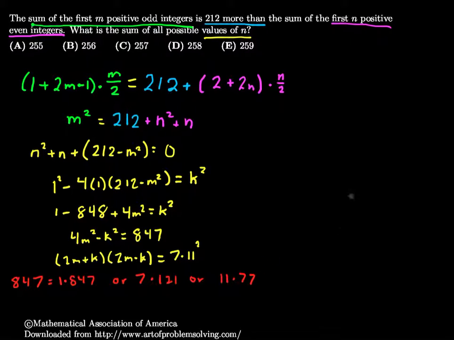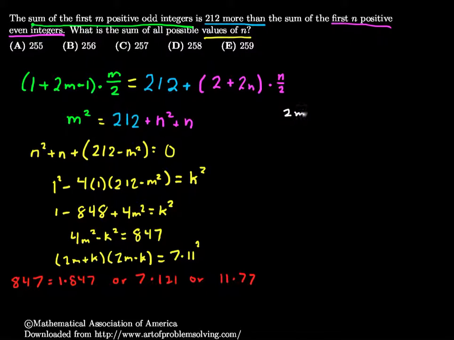And what I can do is this. I can say, and I want positive k values. I could get the negative ones, we'll get the same answers out of it. But basically, if 2m plus k times 2m minus k, and they must both be integers, multiplies to be 847, then I have three choices.